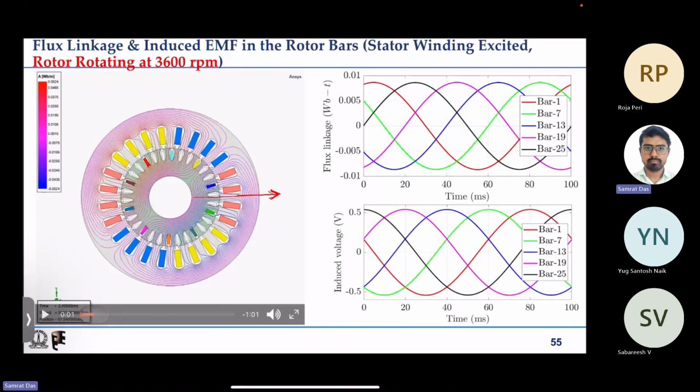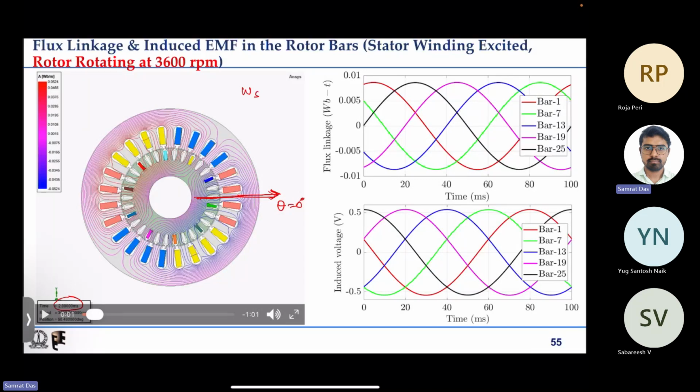As I go ahead by some rotation, from the same location, that is theta equal to 0 degrees, because the field has some velocity, say 3000 rpm, in the same time duration of 2.8 millisecond, the field will rotate by some angle, say theta 1, and the rotor will rotate by some other angle, theta 2, because omega s is the stator rotating magnetic field speed, and omega r is the rotor mechanical speed.